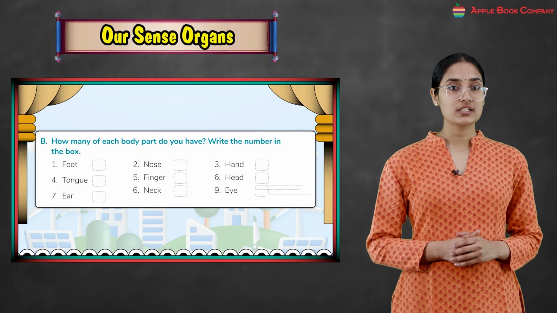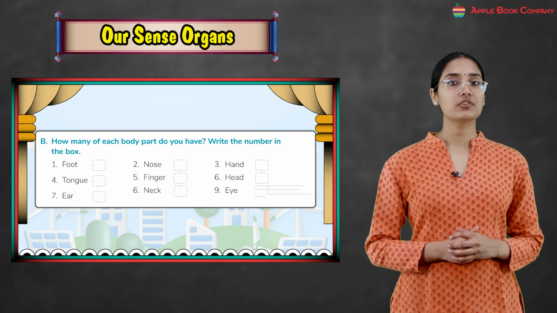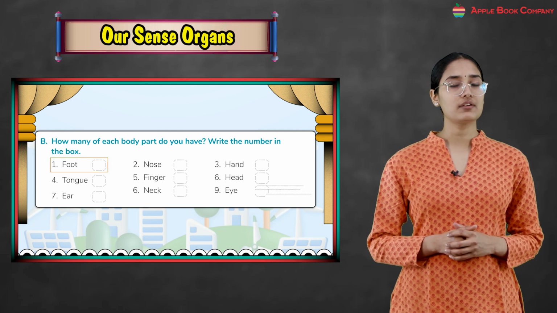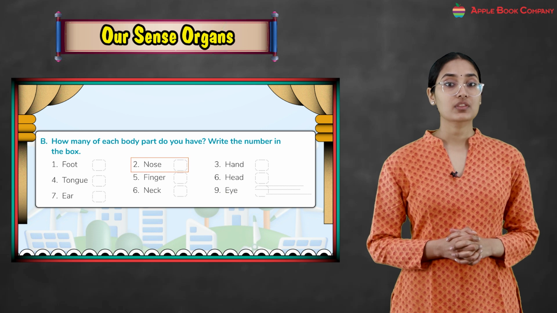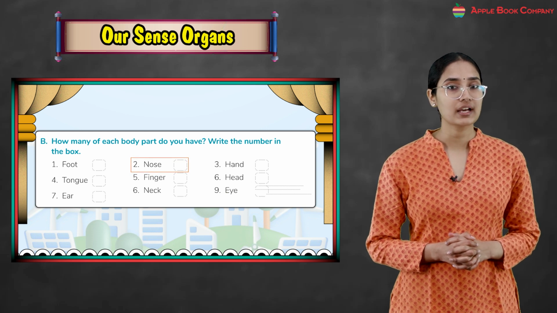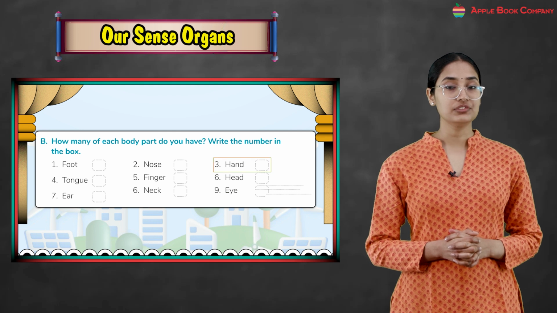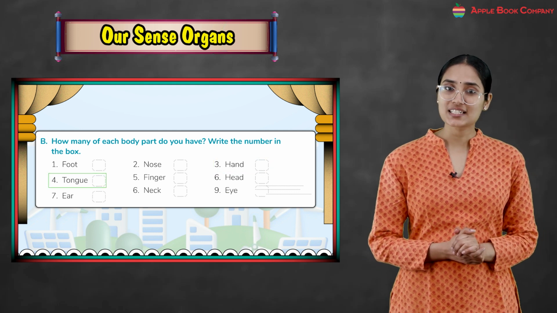Now next question is, how many of each body part do you have? Write the number in the box. So how many foot do you have? We have 2 foot, right? How many nose? We have 1 nose. What about hand? We have 2 hand, right? What about tongue?